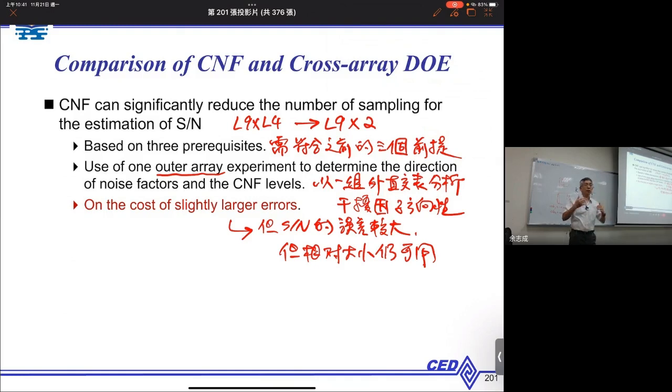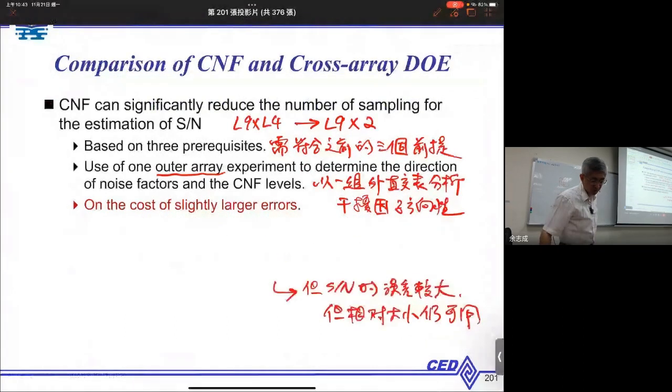However, the most important thing is to determine which one is the best, not how good it is, or exactly the output, the actual SN ratio. We only need to know the relative direction. Although we use a different criterion, and not that accurate an SN ratio, as long as we can compare the difference for different designs, then the use of compound noise factors is still okay.